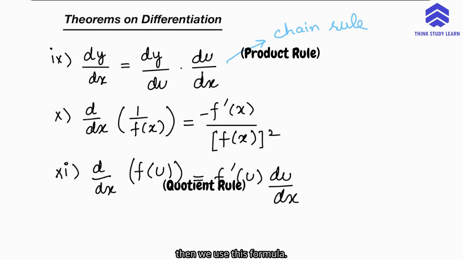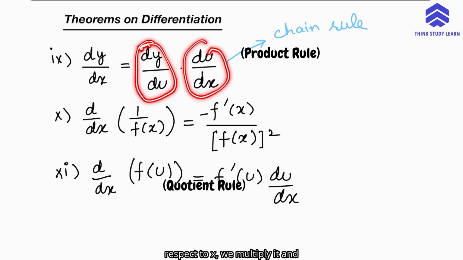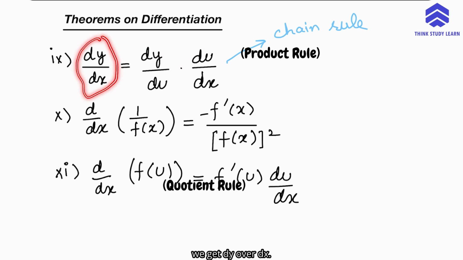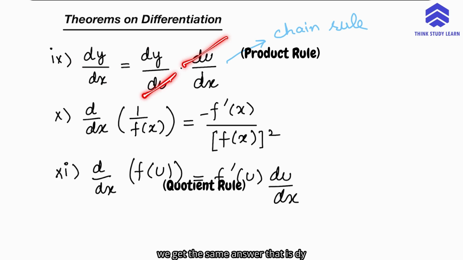Then we use this formula. We take the derivative with respect to the new variable, then we take the derivative of that with respect to x, we multiply them and we get dy over dx. This is because if we cancel du by du, we get the same answer, that is dy over dx. So basically we are creating a chain and hence the name chain rule.